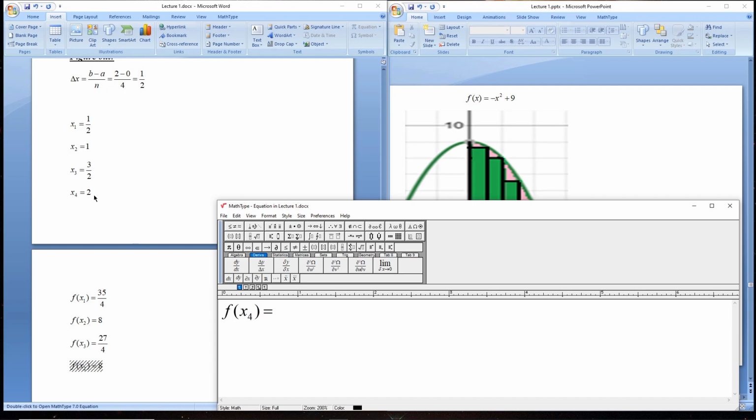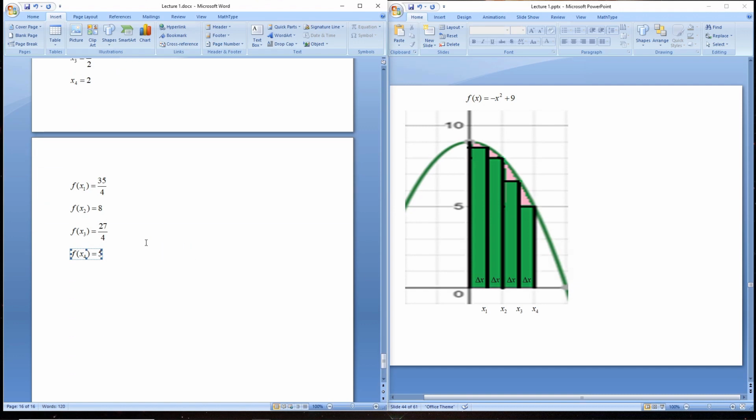So x sub 4 is 2. We'll plug that into the function. 2 squared is 4. 9 minus 4 gets us a 5. And here are our 4 heights for our rectangles.